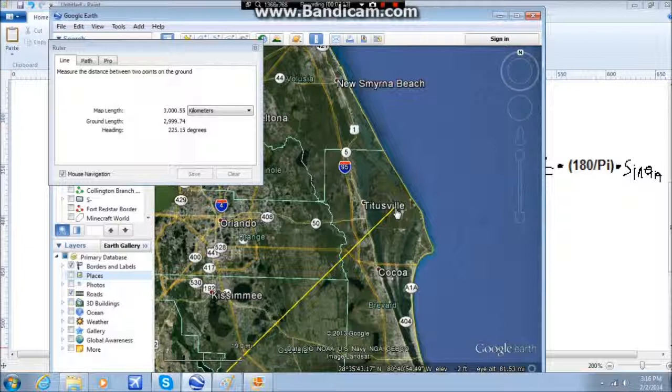So rather, negative 80.67 minus 19.07 yields a new longitude of 99.74 degrees west.